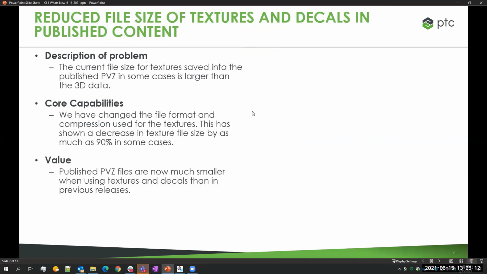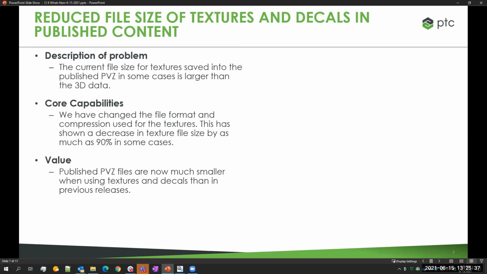So this one, there's really not a demo for. This has to do with the textures and decals that were being put into the published PVZ content. In some cases, they were larger than the 3D geometry itself, which was not a good scenario. So what we've done is we went back and looked at that.